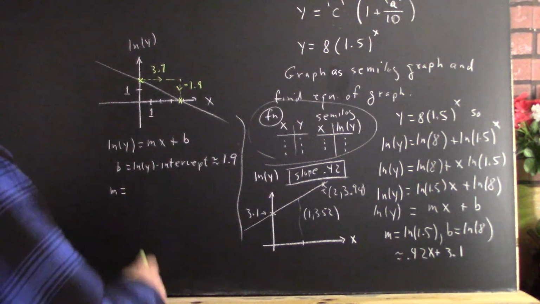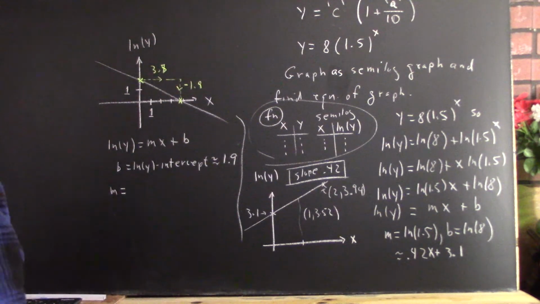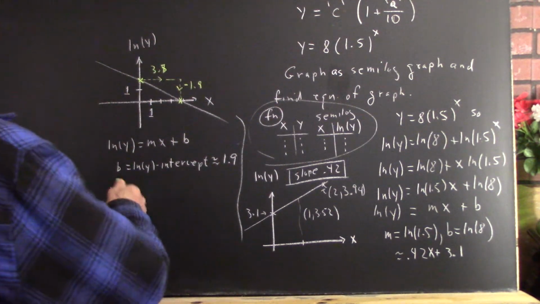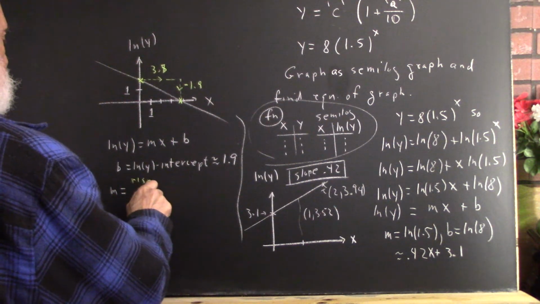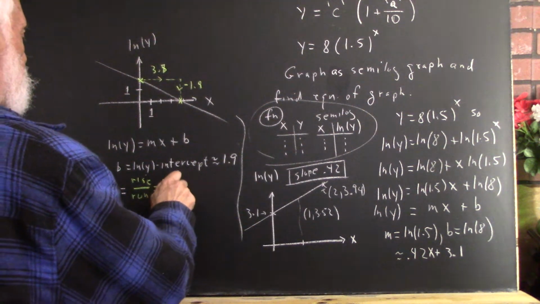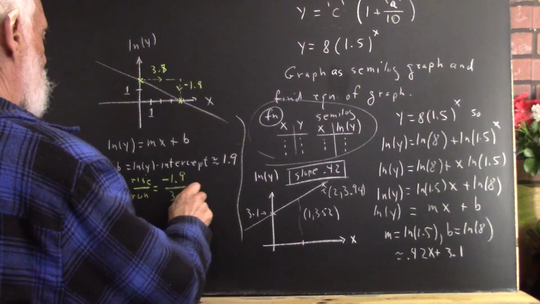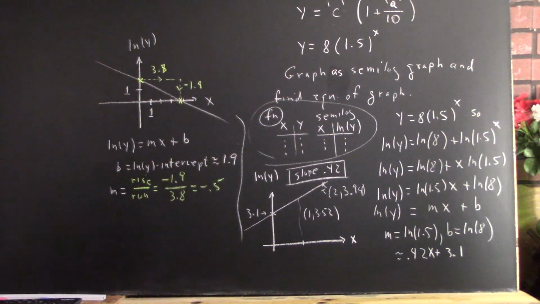Actually, let me fudge and use 3.8 because I was debating about that. It gives us a convenient value for the slope. So m equals negative 0.5.